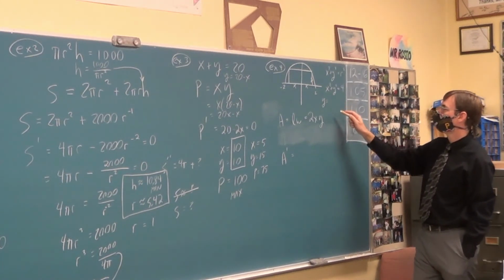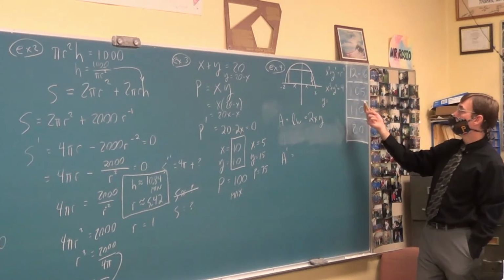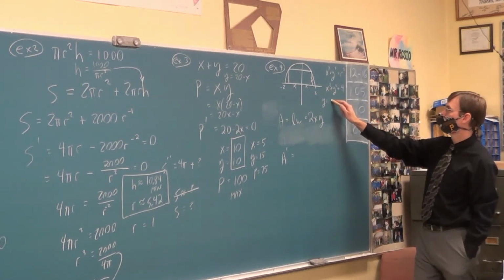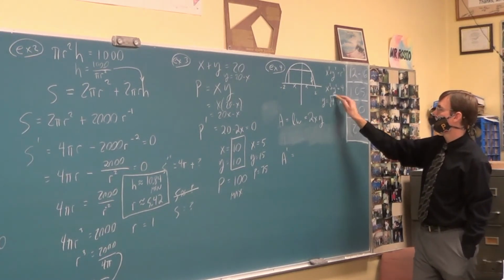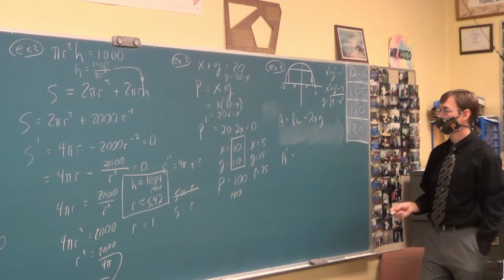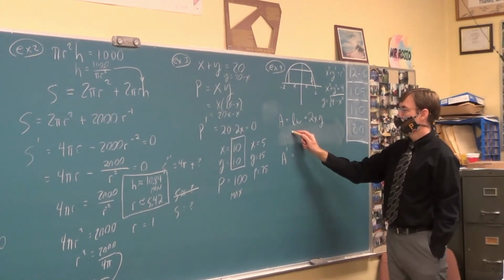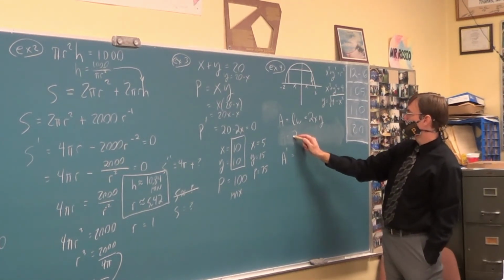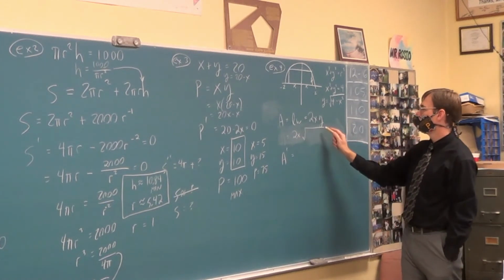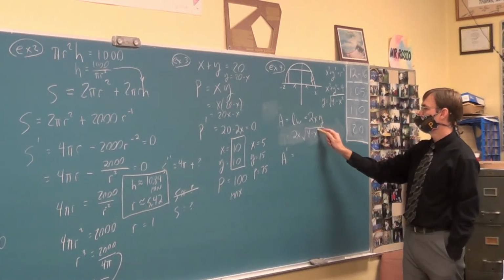Y equals. What would y equal? Yeah, we'd have to subtract the x squared, and then we'd have to do a root. So this new area formula is 2x root 4 minus x squared.